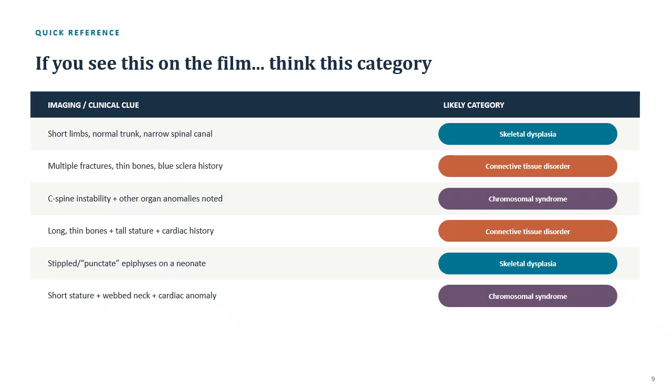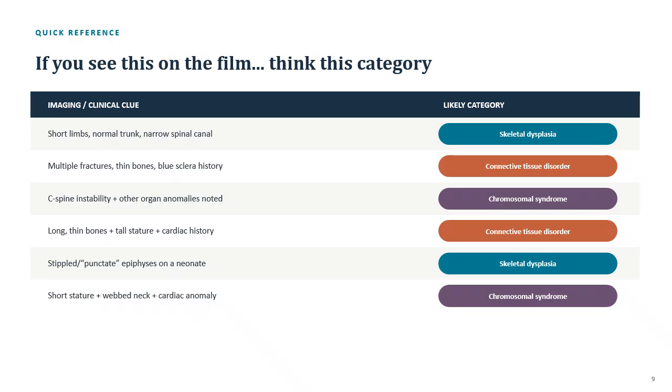A patient with long, slender bones, tall stature, and cardiac history might have a connective tissue disorder such as Marfan syndrome, that was listed on the other slide. If they have stippled epiphyses in a newborn patient, we're going to look toward a skeletal dysplasia.